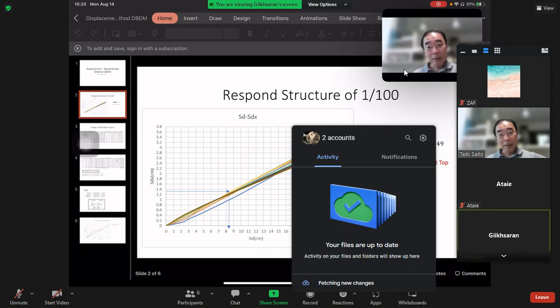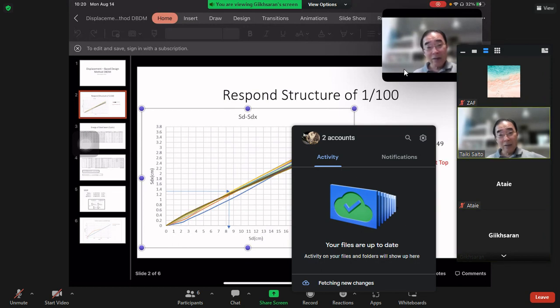This one is 0.000, and is it 100 or 250? This one? No. Response structure of 1/100. Yes. This one is 1 divided by 100.